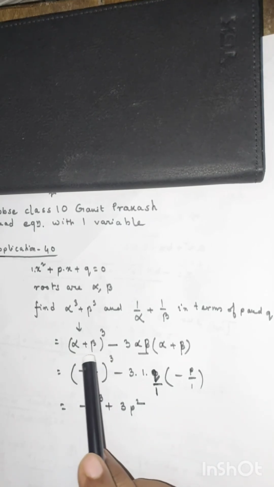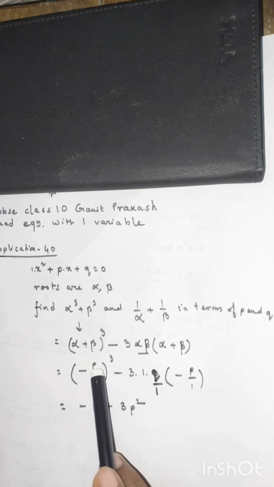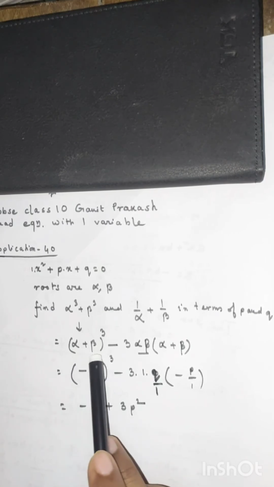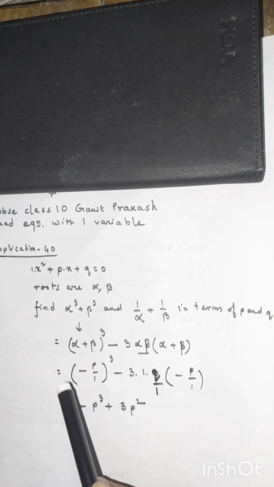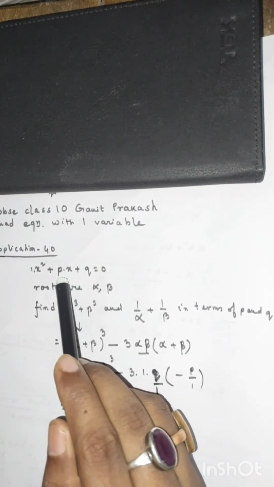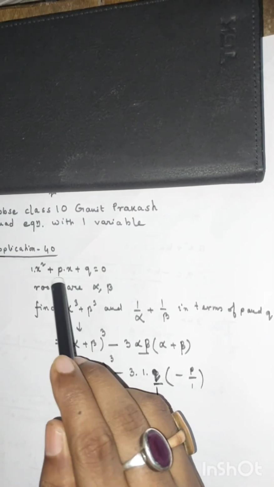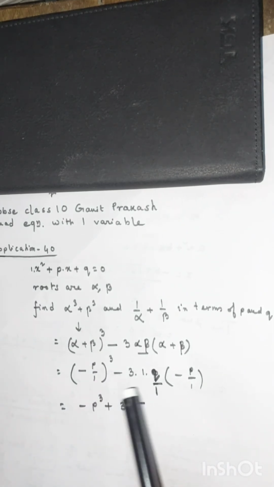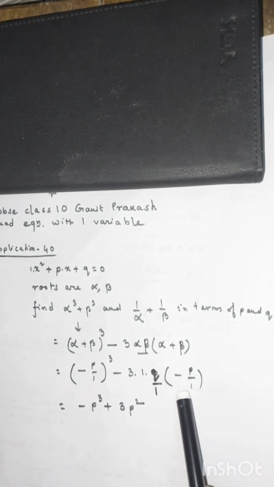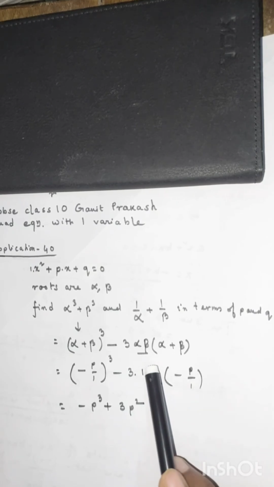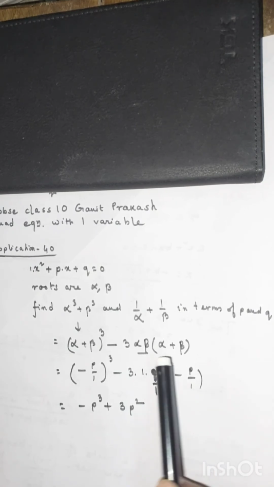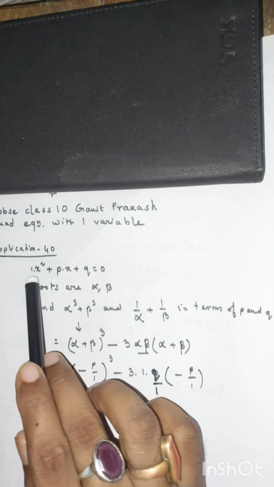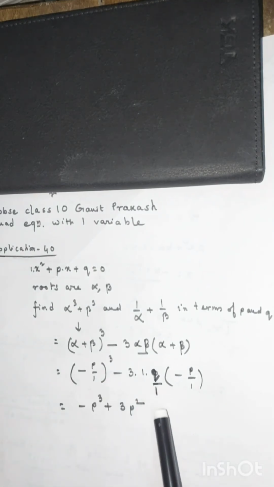So in place of alpha plus beta we can write minus p by 1, because we know the sum of two roots equals coefficient of x by coefficient of x square with a negative sign. Similarly alpha plus beta equals minus p by 1 and alpha into beta equals constant term by coefficient of x square, so q by 1.